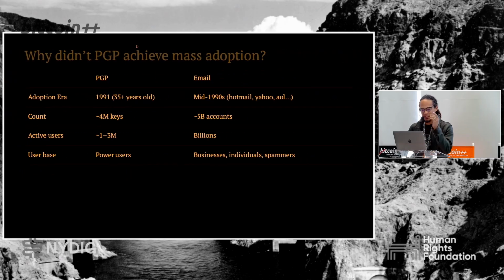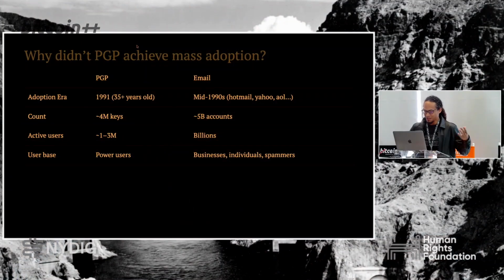And what I mean here is, when we talk about PGP and email, PGP has been around for like 35 years. Well, you could say email started much earlier, but it really took off in the mid-90s. And to this day, PGP is a success in some circles, mostly power users.